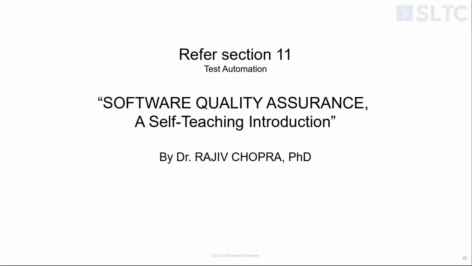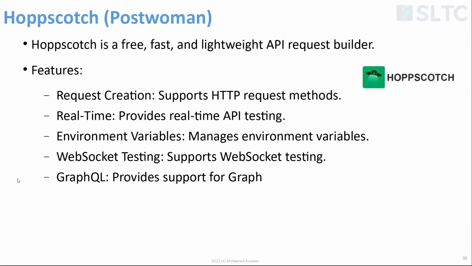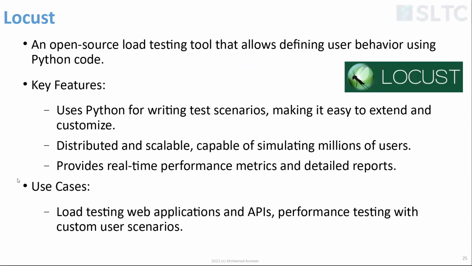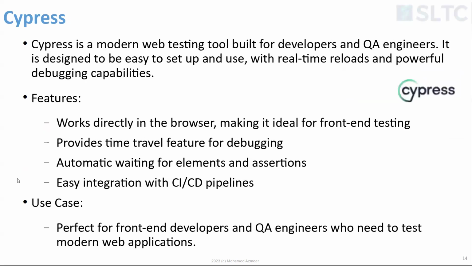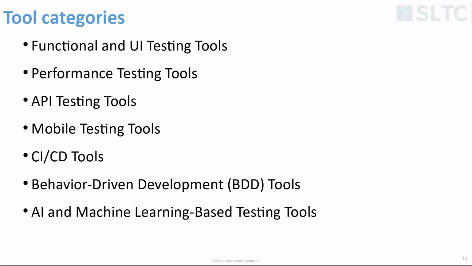Most of them are available and used by companies, right? So we were able to categorize them as per this, right? Functional-based tools, performance-based tools, API-based tools, and then mobile-based tools.